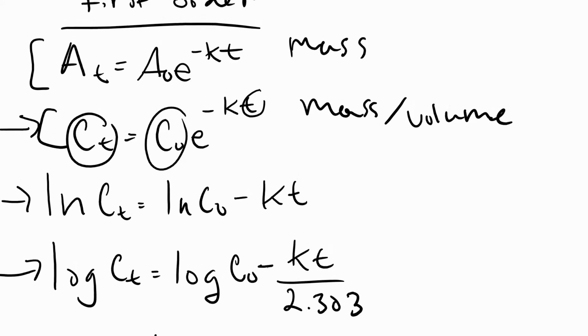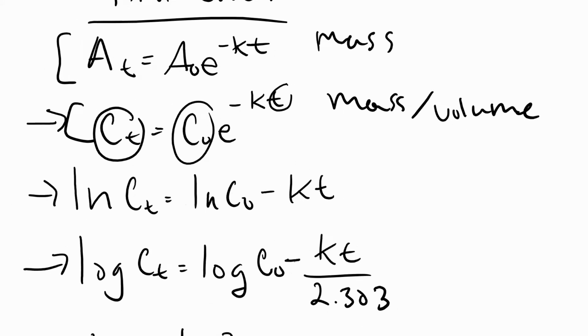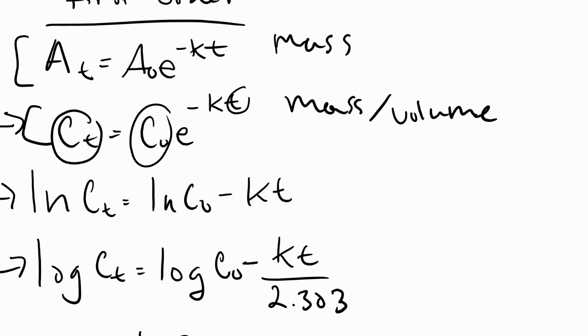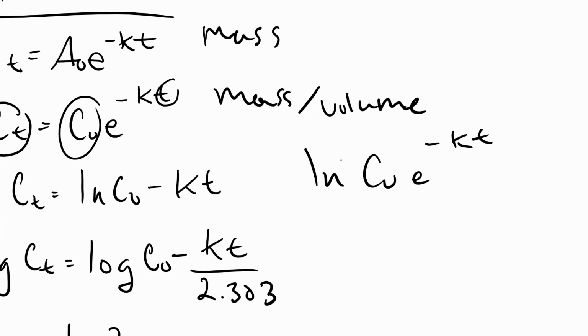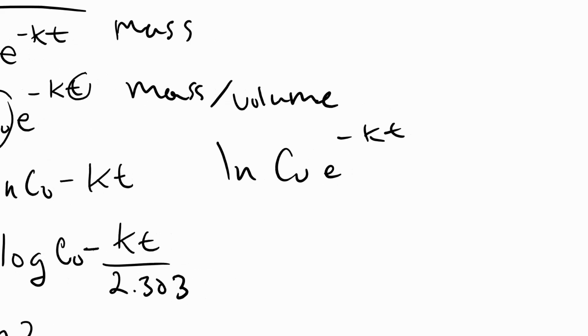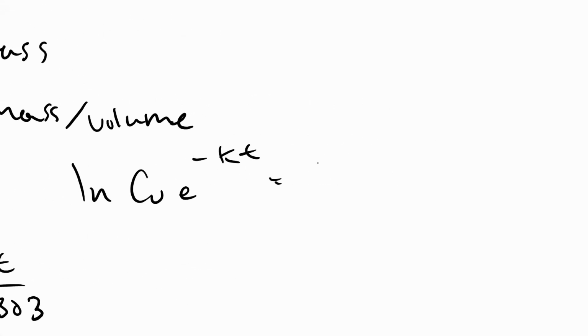And if you don't know how to work natural log, if you do natural log of C0 times e to the negative KT, this is actually the same as natural log of C0, plus natural log of e to the negative KT.